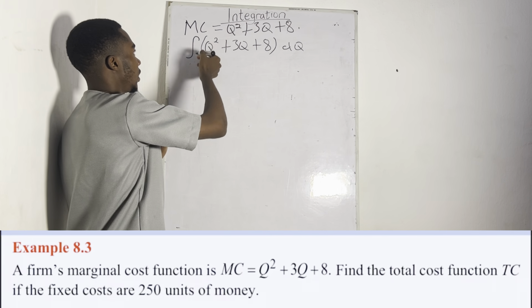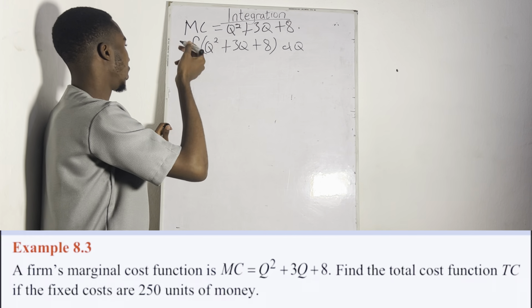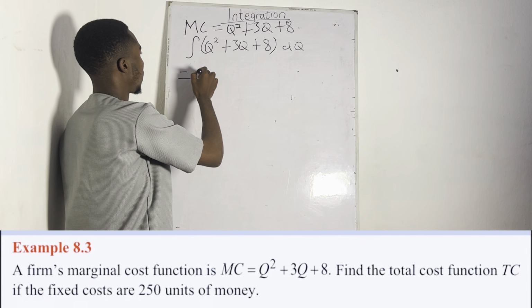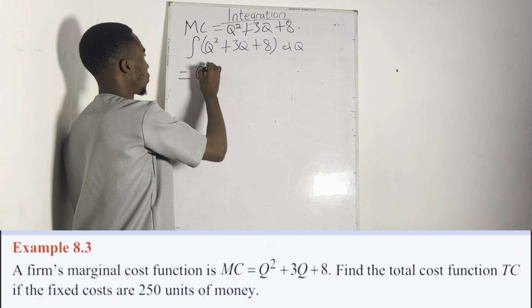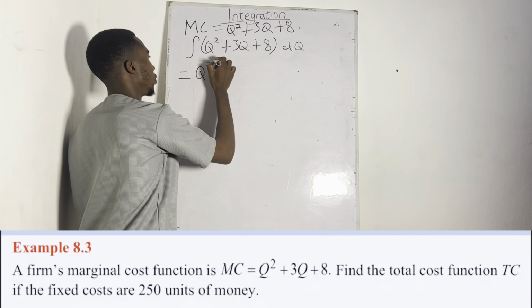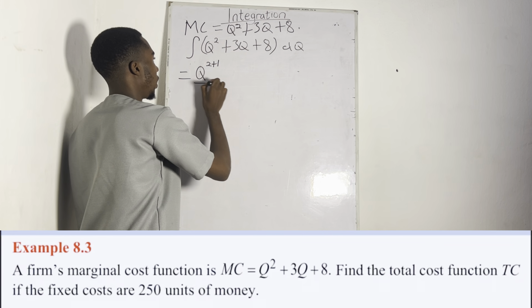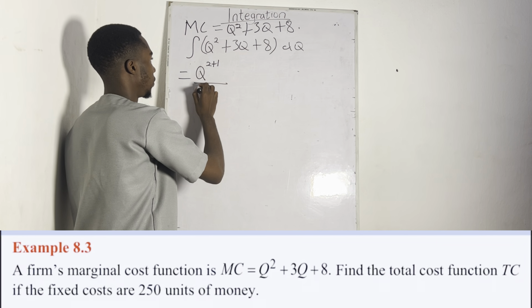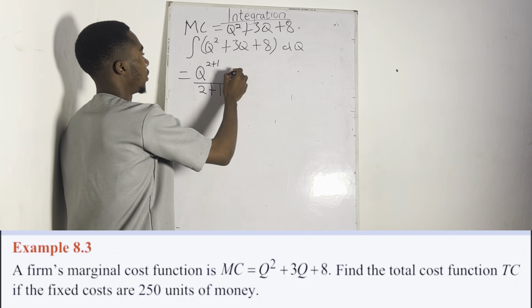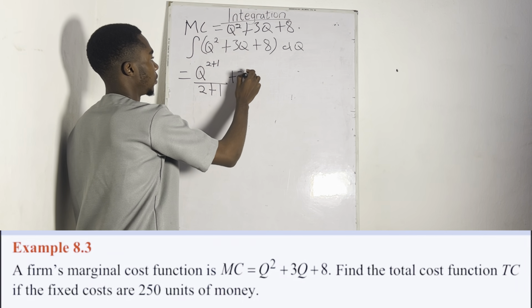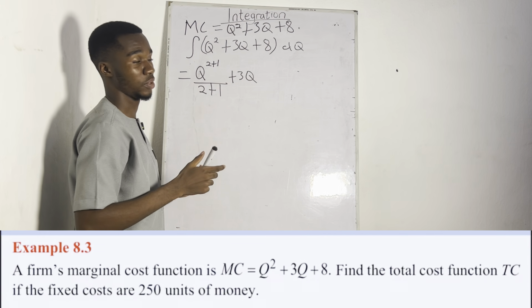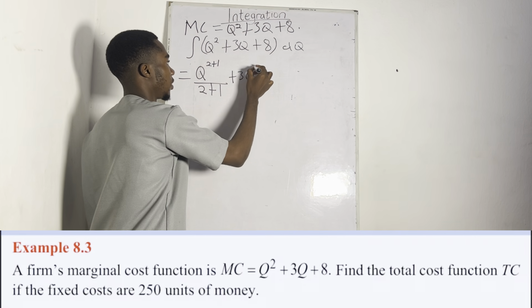When you are integrating, that's when you bring the integral sign. So per what we did, if you are integrating this, it becomes q squared for the first one. And what did I say? You add 1 to the exponent, then over whatever is at the exponent, which is 2 plus 1, right? Then plus 3q. 3q is the same as 3q exponent 1.